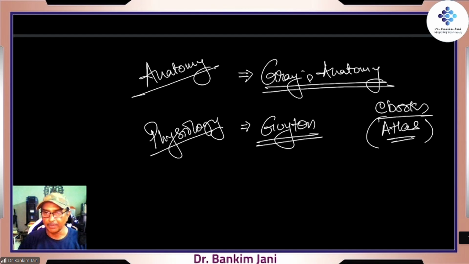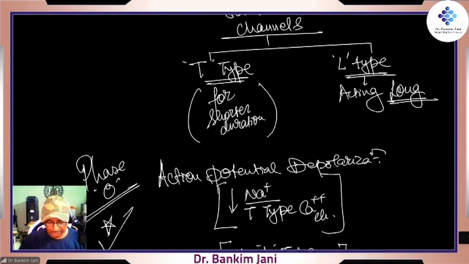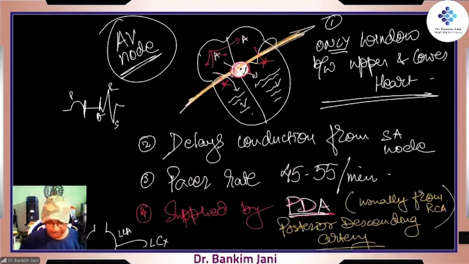Regarding the AV node topic: right coronary as well as PDA both supply the AV node. It depends upon the dominance.